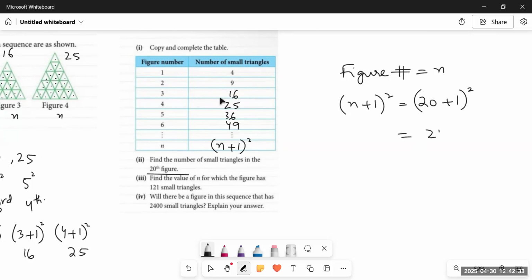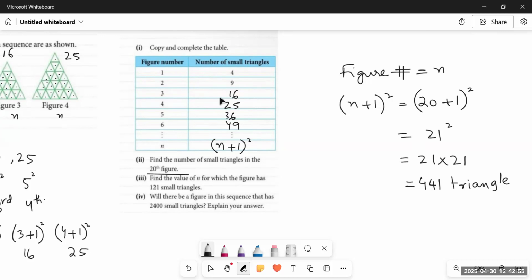So it would be 21 squared. What is the square of 21? 21 multiplied by 21 is 441. It means there will be 441 triangles in the 20th figure.